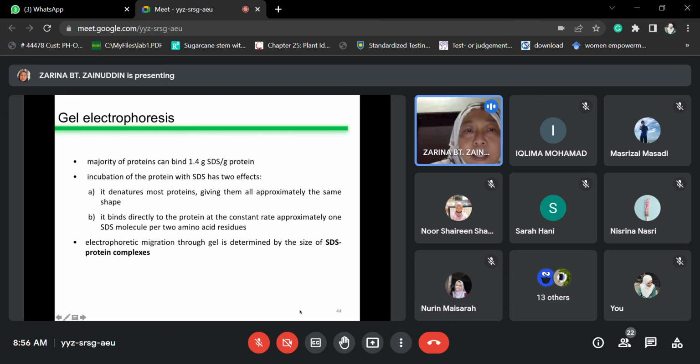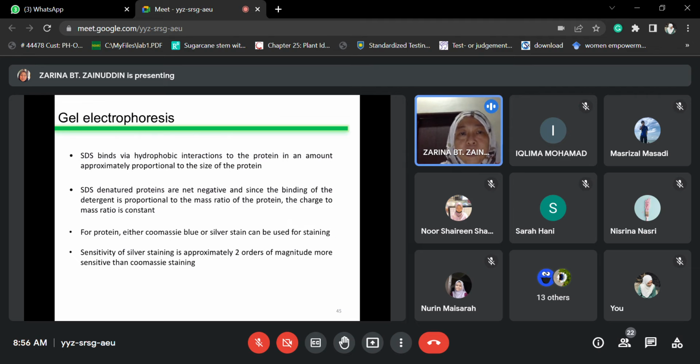Like I mentioned, the function of SDS ni, it will denature most protein so that it will give all protein the same shape, and it will bind directly to the protein at a constant rate of approximately 1 SDS molecule per 2 amino acid residues. Electrophoretic migration through gel is determined by the size of the SDS protein complex.